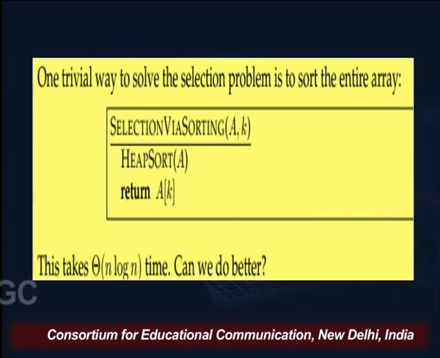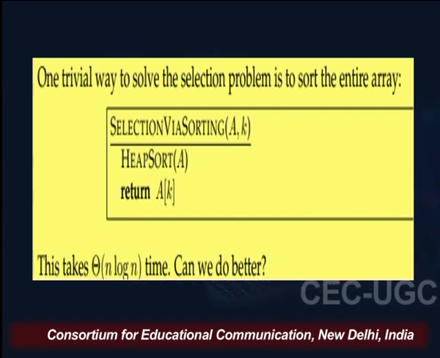Now, please notice that this is one trivial or naive way to solve the selection problem. This is not the best or efficient way to solve it, and that is why I was saying that the goal is to develop efficient algorithms for this problem. So, if we go by selection via sorting, we can apply any sorting algorithm which is reasonable enough to give us n log n time.